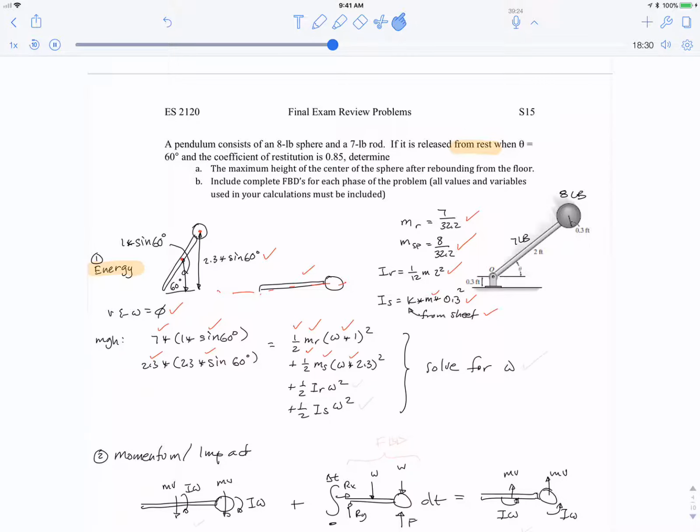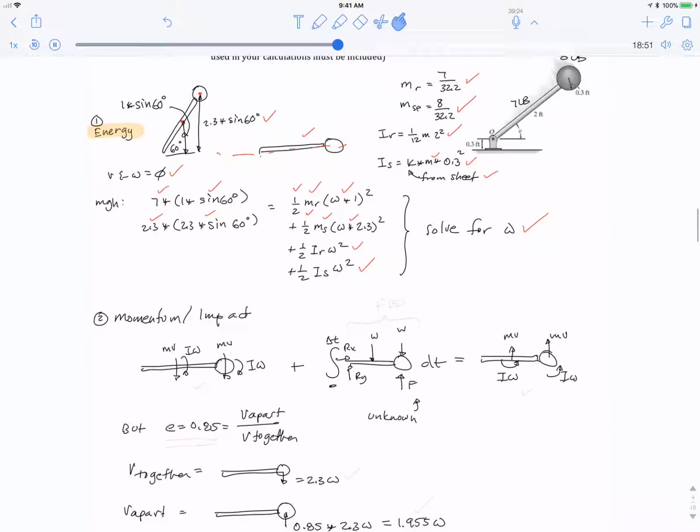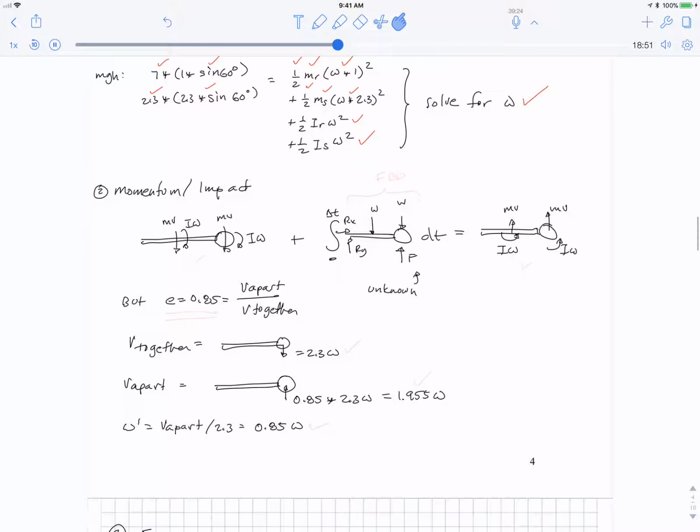And then there's just 1/2 I rod omega squared, 1/2 I sphere omega squared. And so again, because this is a rigid body, remember every point has the same omega, so you don't have to write omega rod and omega sphere. They're all just omega. So the only unknown in this is omega, and I'll leave it to you to solve for omega. So we know the omega just before it impacts the ground.